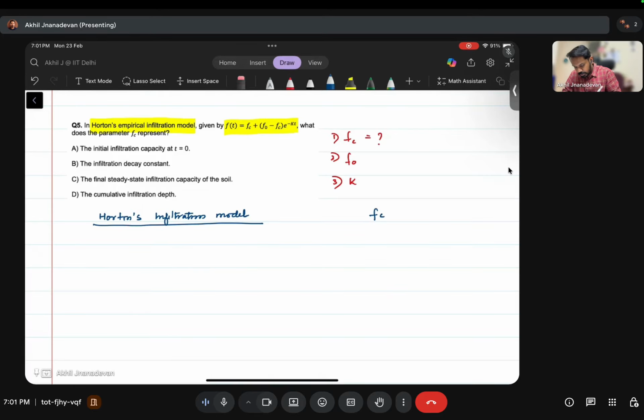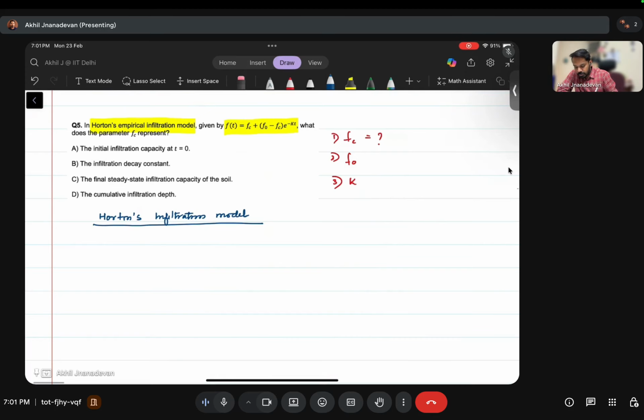The infiltration at a time t, f of t, is a function of time. So the main assumption made by Horton is that f of t varies exponentially, right?